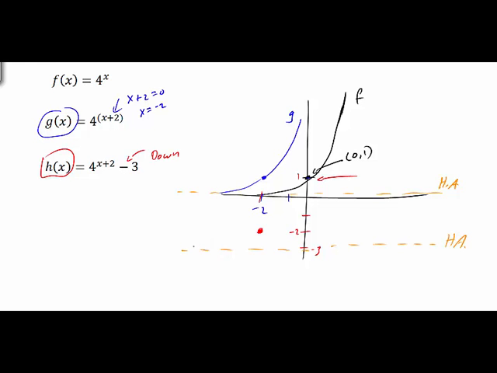So then the graph's going to look something like this, where it's never going to cross the horizontal asymptote here at negative 3. Okay, so I want you to realize, even though we're talking about this exponential function, all of those transformation properties we talked about before are still going to hold true here if you're adding something to the inside of the function or on the outside of the function.